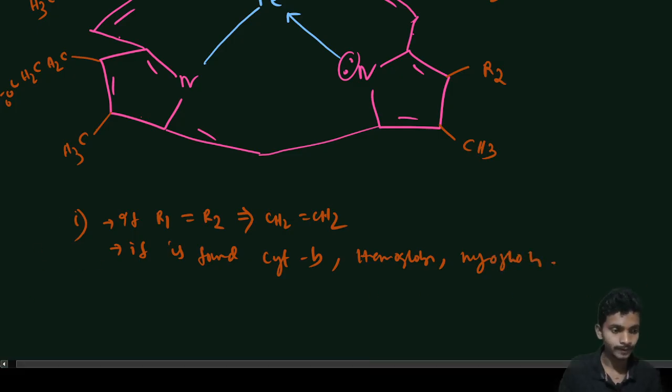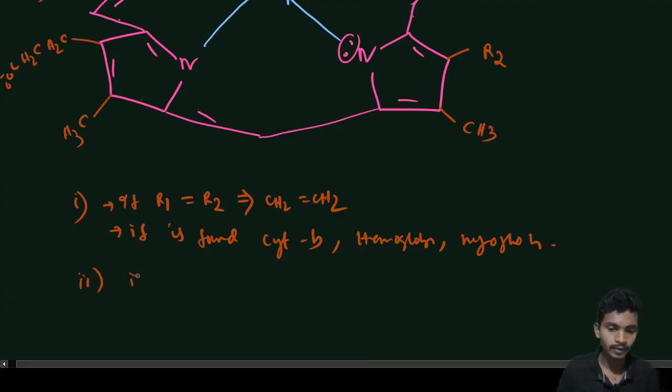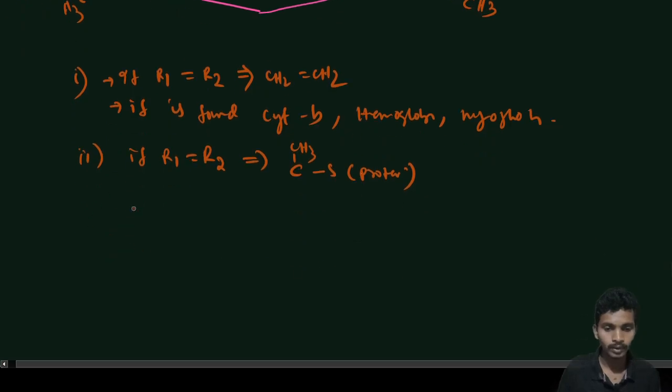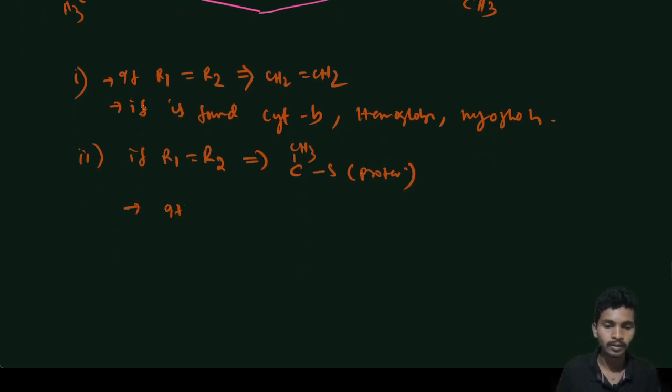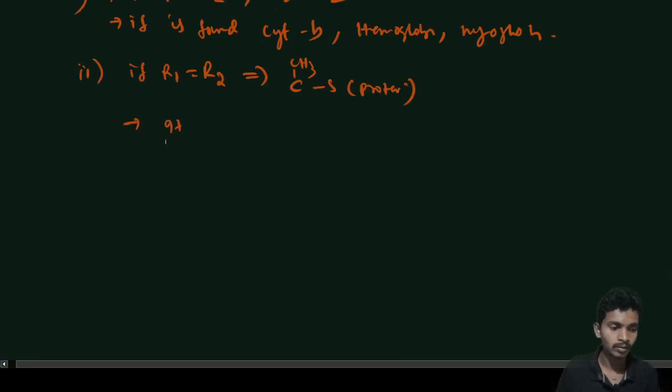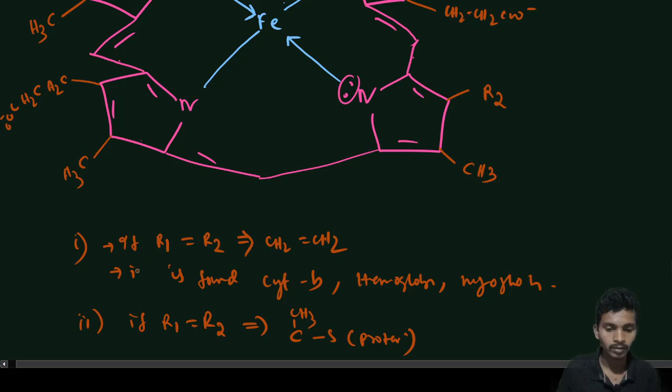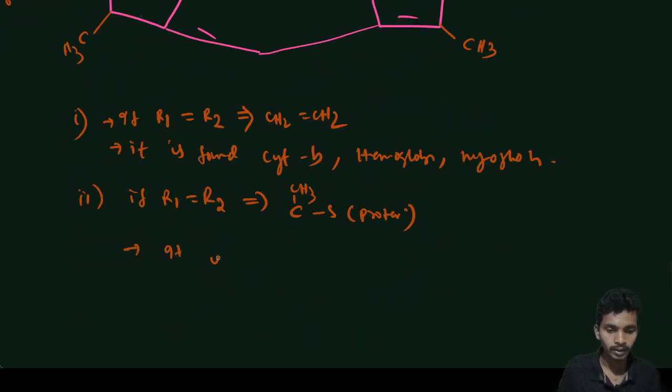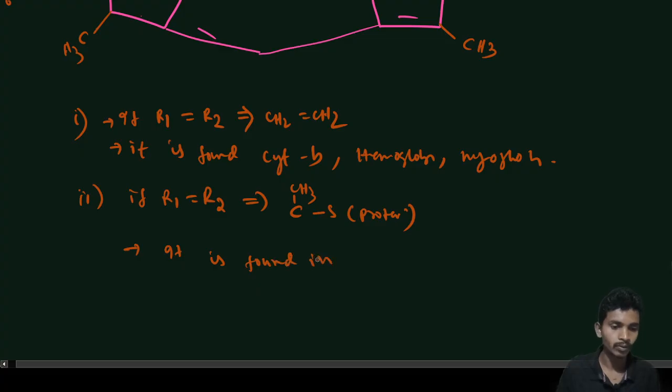Okay, and in the next case, if R1 equals R2, and that is equal to CH3 here S, and this is protein, then it is found in cytochrome C.